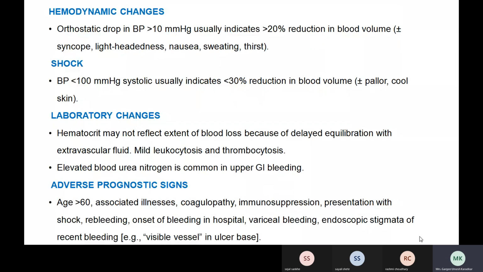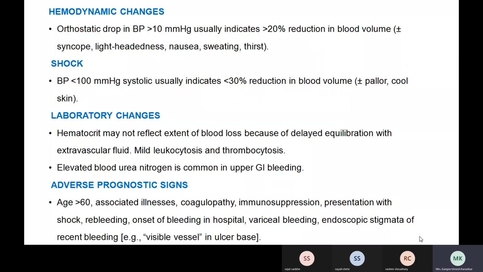Because there is bleeding, if you have a fresh bleed, there will automatically be certain hemodynamic changes. There will be a drop in blood pressure, mostly an orthostatic drop of more than 10 millimeters of mercury, which usually indicates more than 20% reduction in blood volume.